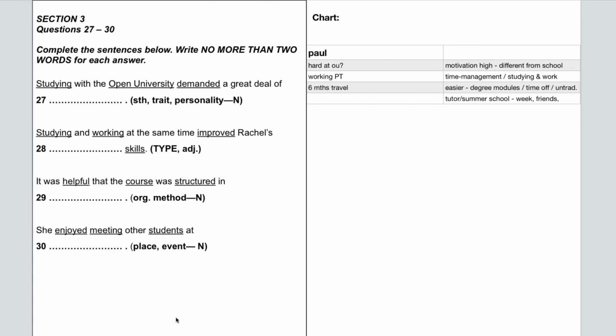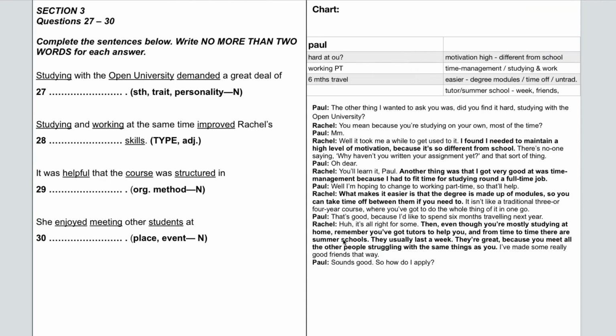In order to go over the answers, I'm going to include the transcript that we listened to right here. Okay, and there we see the transcript for the portion that we listened to. So if we start with number 27, let's go through the answers and the explanations. We see here we were looking for a noun. So studying demanded a great deal of something.